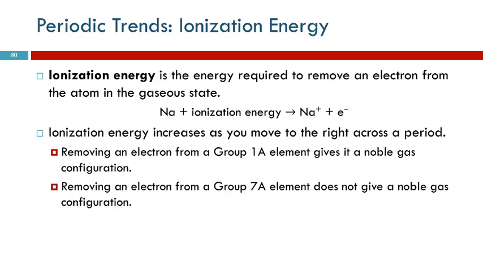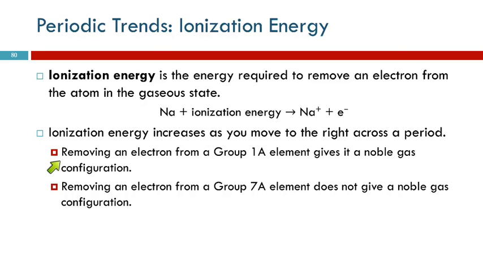He has to take it off, right? There's some energy that has to be expended in order to take that electron away from sodium. It doesn't just fly away on its own, okay? It requires energy. The trend in ionization energy is the opposite of the trend in size.